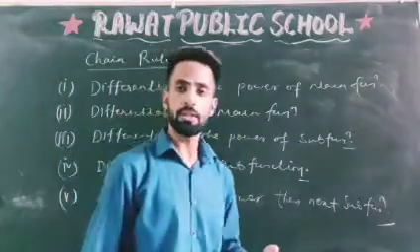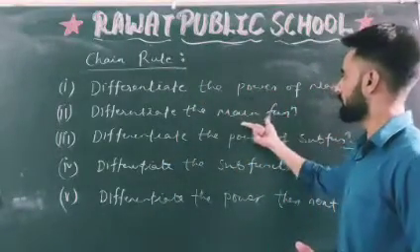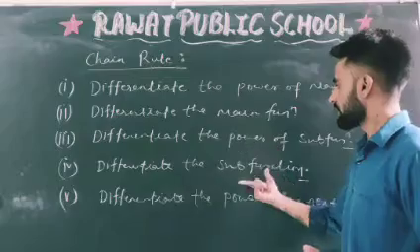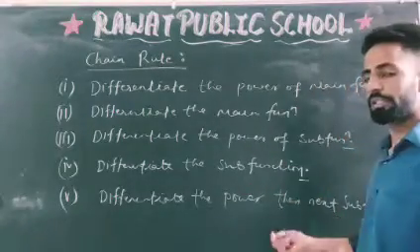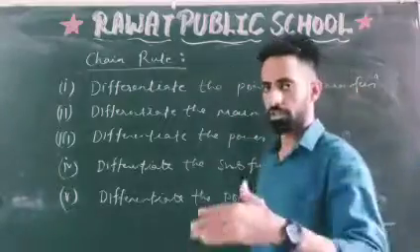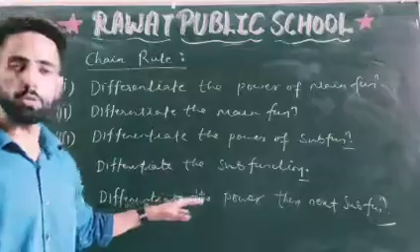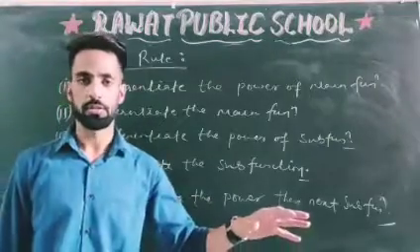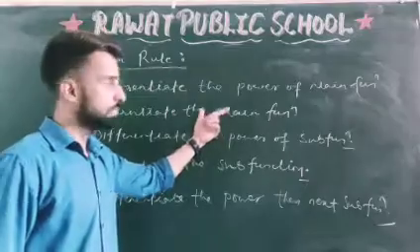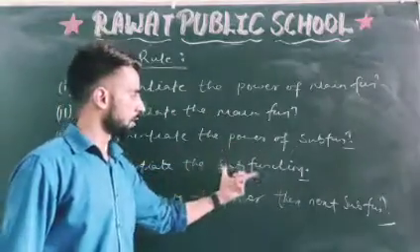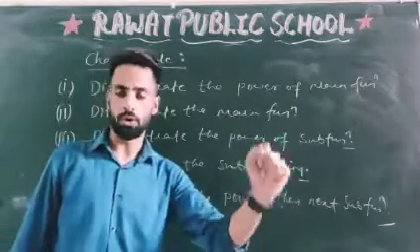So the method of chain rule is: differentiate the power, then the main function, then the power, then the subfunction, then the power of the next subfunction, and then the subfunction itself. So it goes like power, function, power, function, power, function. And all these steps are kept in multiplication: differentiation of this, multiplied by differentiation of this, and so on.